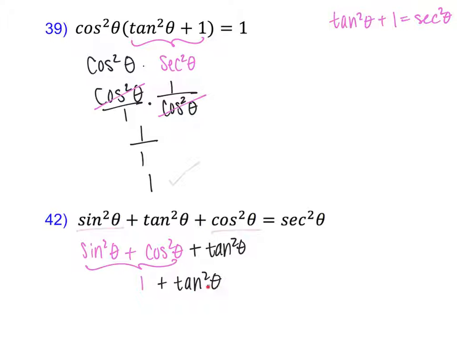Well, 1 plus tangent squared is, again, secant squared. So this can be replaced as secant squared theta. And notice how the right-hand side here is secant squared theta, and I got to that value. And then I'm done. I verified that the left-hand side looks like the right-hand side.